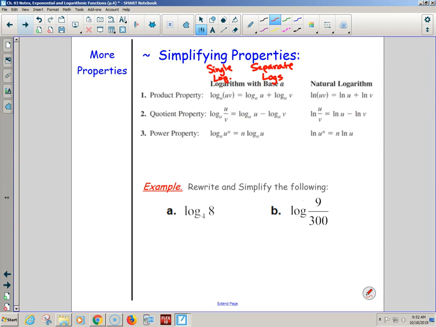Sometimes we want it separate because we can't handle them all together in a single. Sometimes we want it all together in a single because we can't handle them separately. So these properties are super helpful because if we can't handle the single, we can make it separate. If we can't handle the separate, we can make it single. We're going to be working both directions.